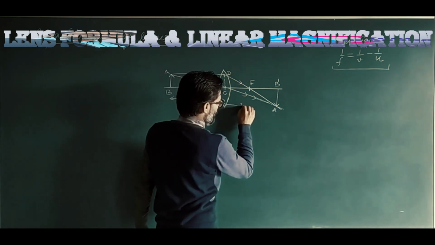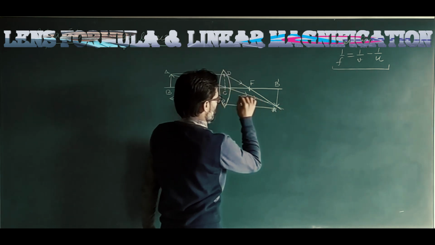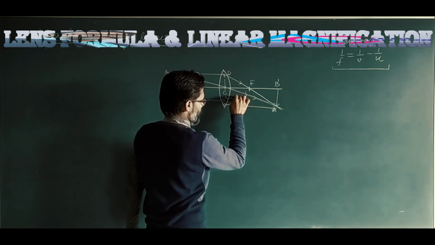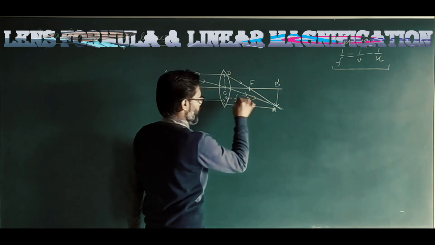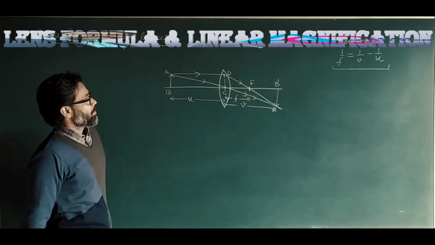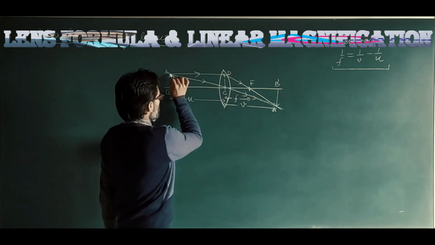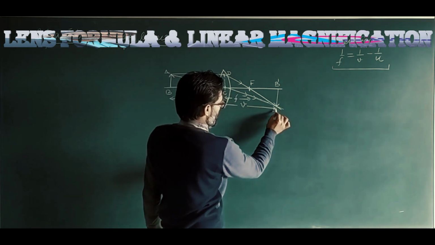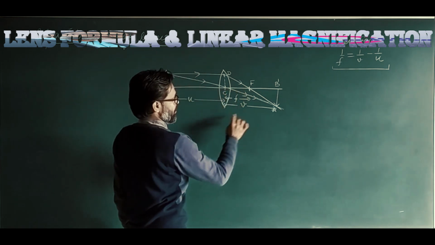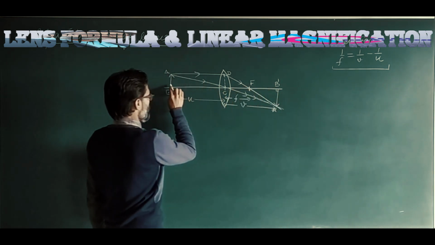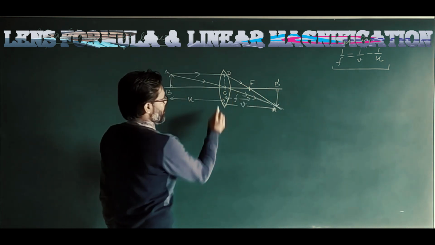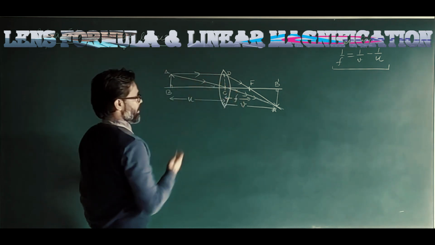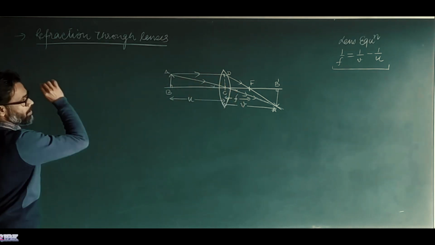This distance is V, and this one the focal length F. So here in triangle ABC and triangle A dash B dash C, this one is equal, this one is equal, and hence what can we conclude?